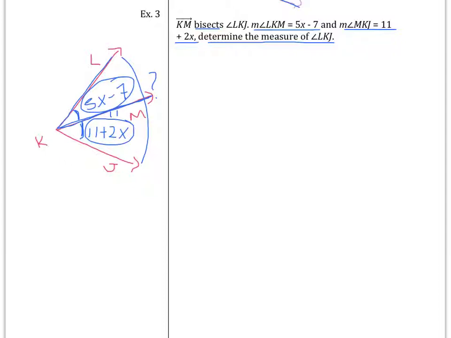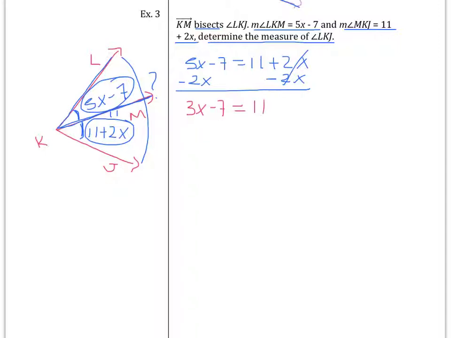So the two angles are equal, so we say 5x minus 7 equals 11 plus 2x. Again we're back to solving for x. I'm going to subtract 2x from both sides so I can have all my x's on the left-hand side. This cancels, and 5x minus 2x leaves us with 3x minus 7 equals 11.